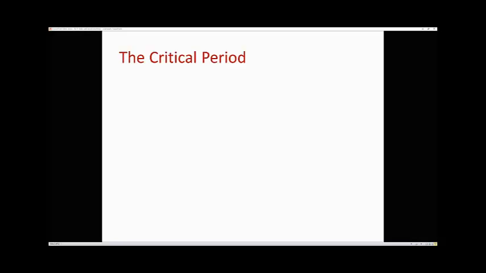So let's talk about the critical period first, if we could. And so I want to just remind you that there is a native proficiency clock that starts ticking, and that clock begins ticking, probably from birth up until about age 15, and there are a number of hypotheses and theories about the critical period.